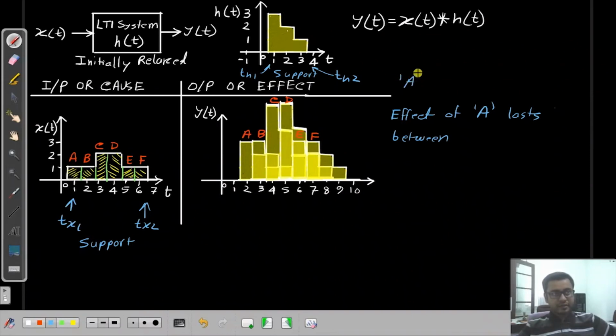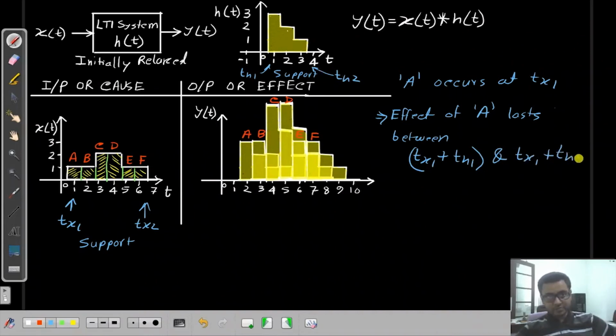So A occurs at tx1, and therefore the effect of A lasts between tx1 plus th1 up to tx1 plus th2.